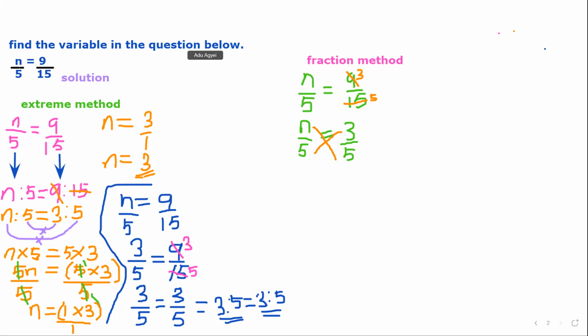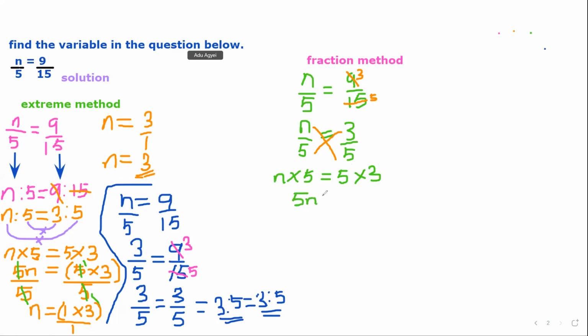So to get our linear equation, the n will be used to multiply the 5 at the denominator of the other side, and you equate it to the 5 of the denominator of the first side multiplying the 3 as a numerator of the second side here. Then n times 5 is 5n.